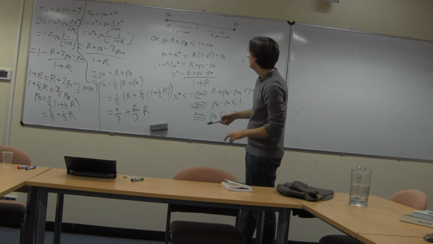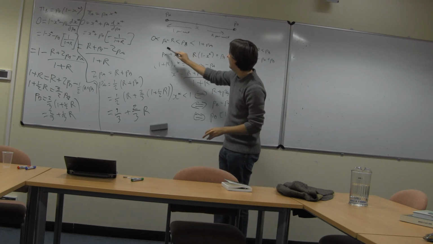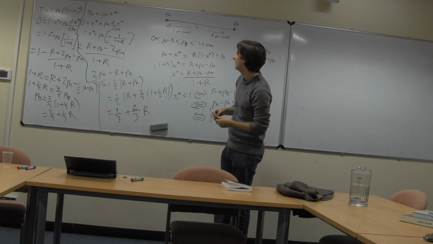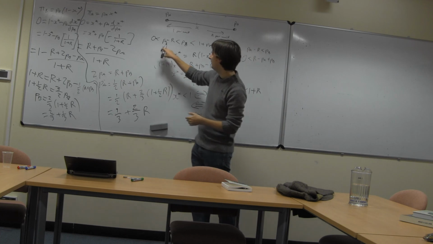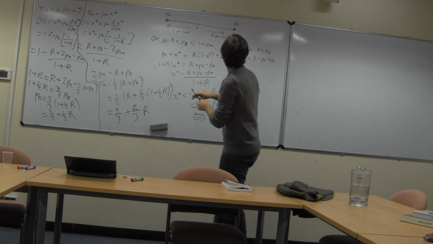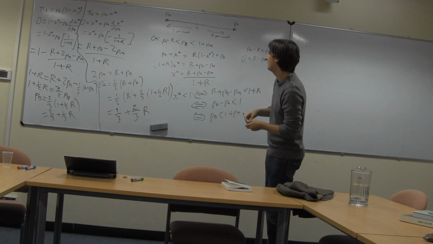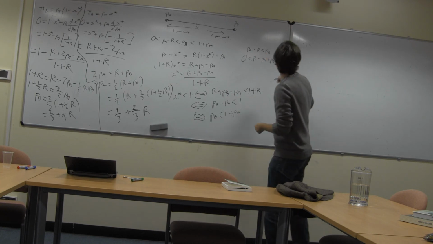And I suppose this solution is only valid if this inequality is satisfied. So you could substitute in to find out what values of R this is satisfied for. So what do we need?